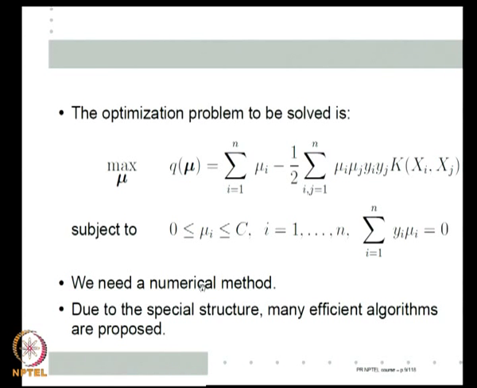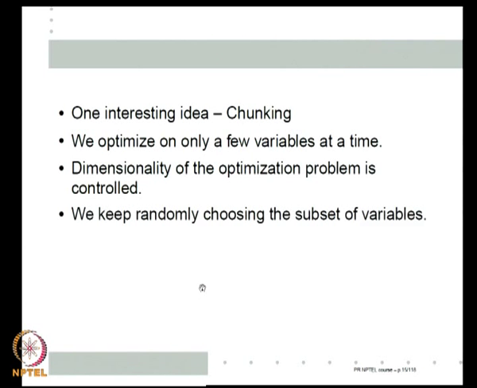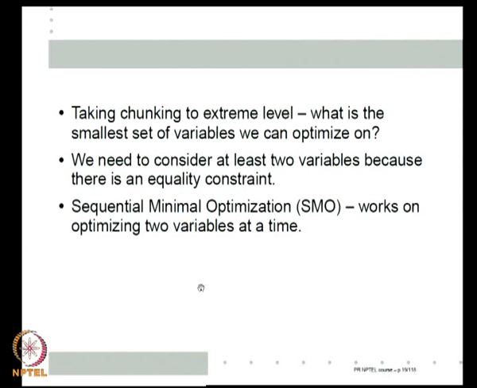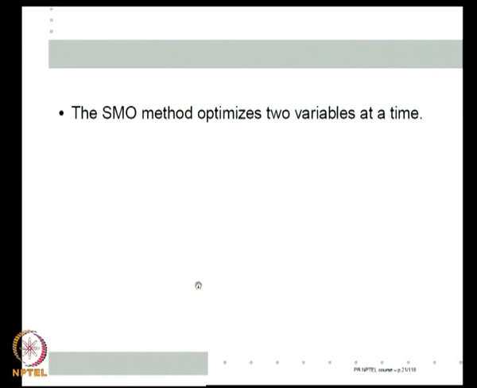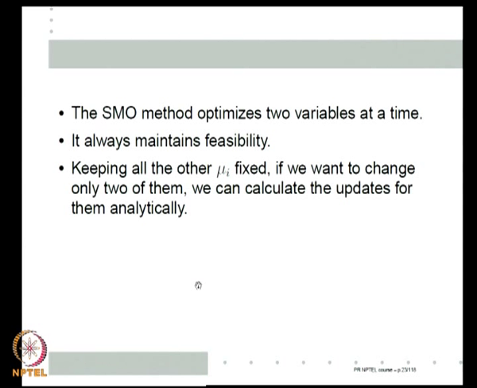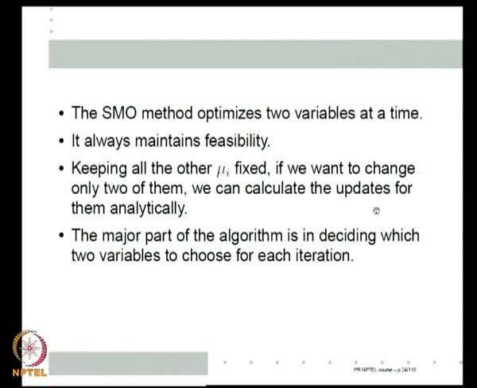I can analytically find the optimum with respect to those 2. So, keeping all the other mu i fixed, if you want to change only 2 of them, we can calculate the updates for them analytically very easily, which means I do not have to spend my time doing numerical optimization. So, I can spend most of my time in deciding which 2 variables to choose at each iteration.